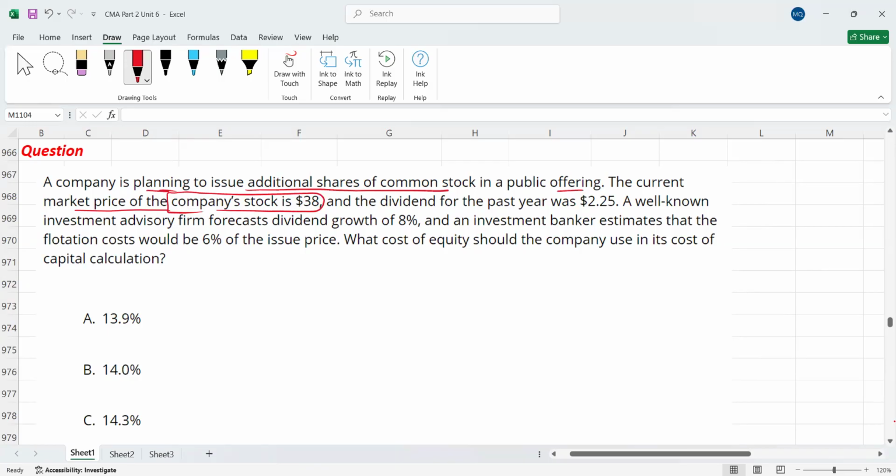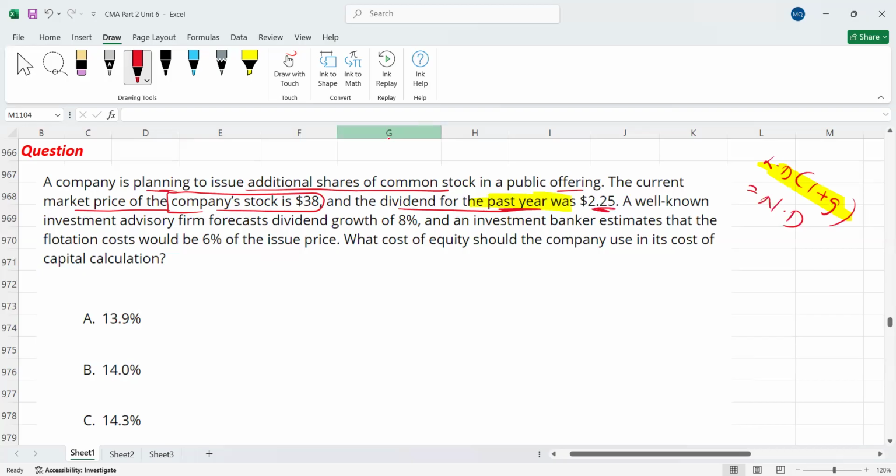The dividend for the past year, this is not the next dividend, it is the last dividend, was 2.25. If the last dividend is given, we know how to calculate the next dividend: last dividend times 1 plus growth equals next dividend, also called the dividend in 1 year's time under the dividend discount model. Don't forget we have to add growth, because it's the past year's dividend.